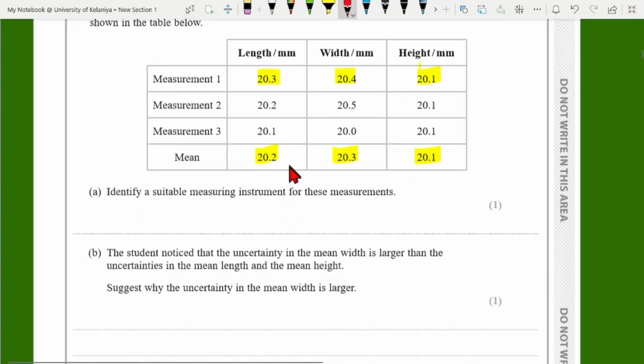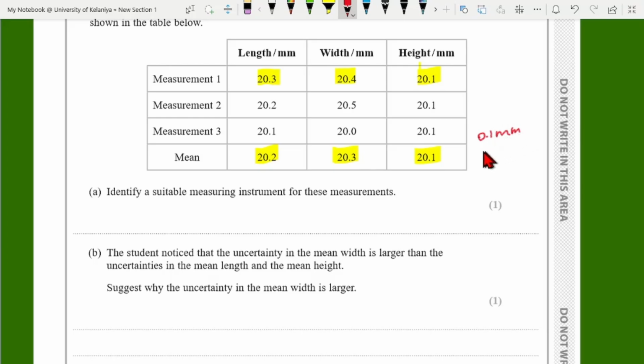If you look at these measurements closely, you can clearly see she has measured a length up to 0.1 millimeters. Whatever the measuring instrument is, it should be capable of measuring a length up to 0.1 millimeter.